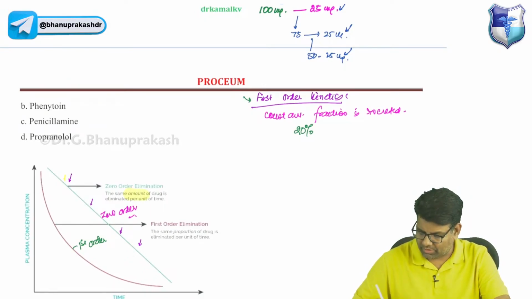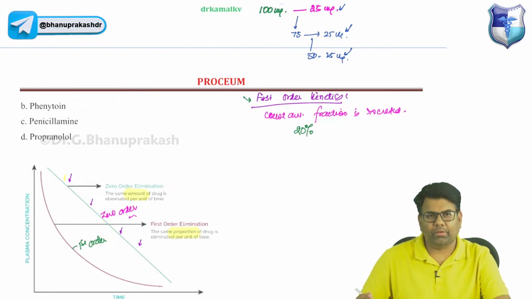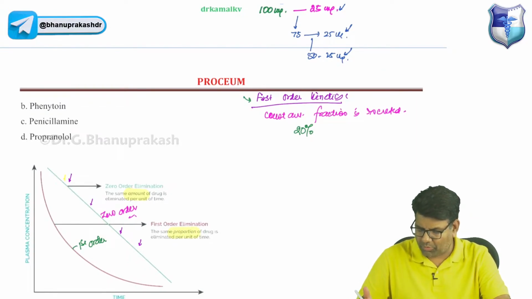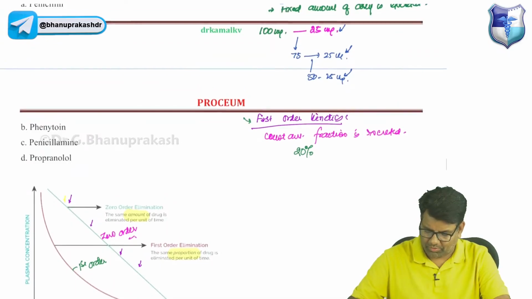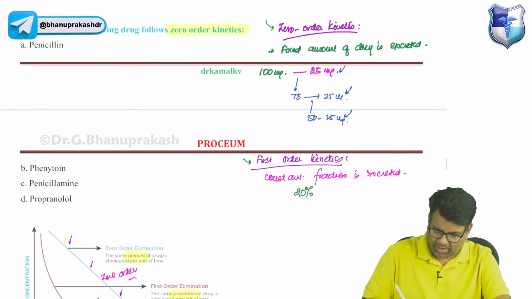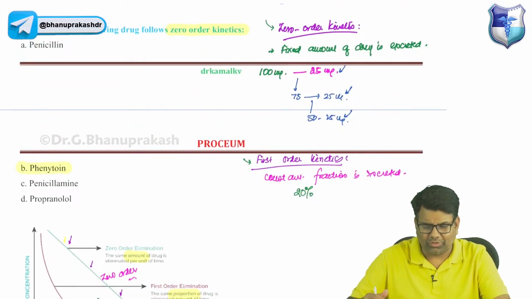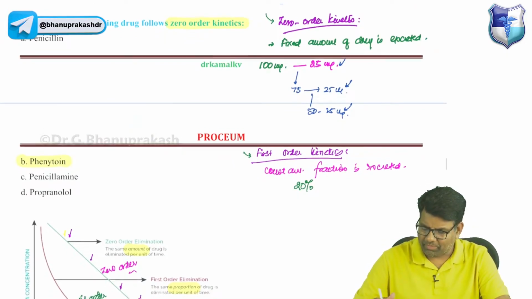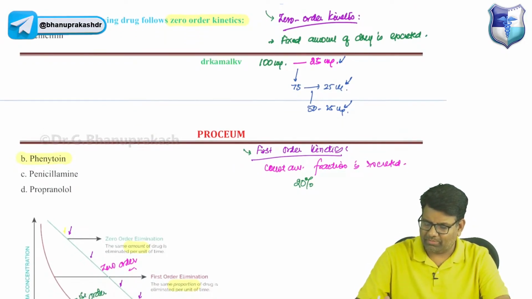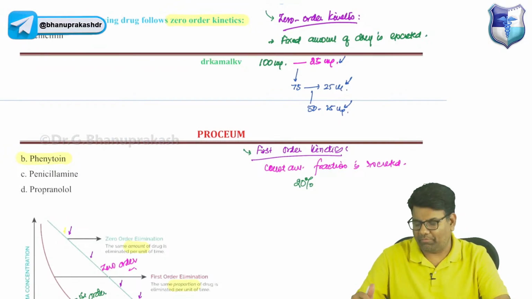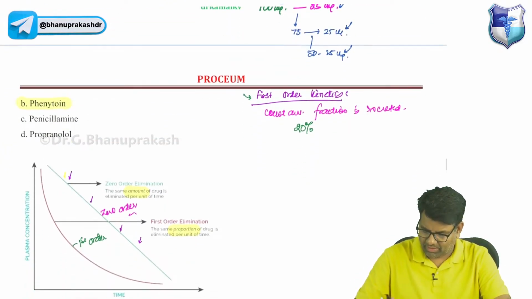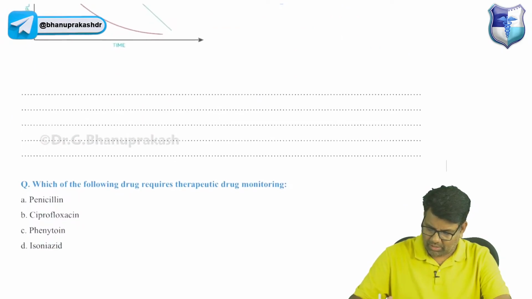In first order, there is a constant fraction or a constant proportion of the drug eliminated per unit of time. So zero order is shown by phenytoin. Yes, you can have your own mnemonics, no problem, but that is the basic concept.